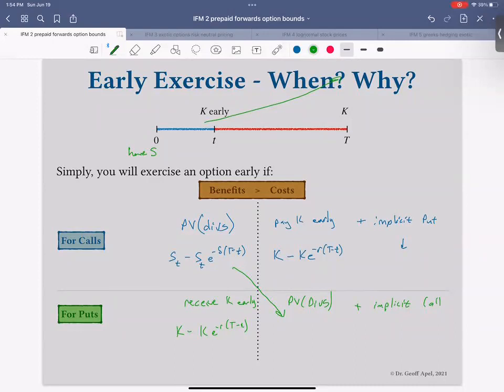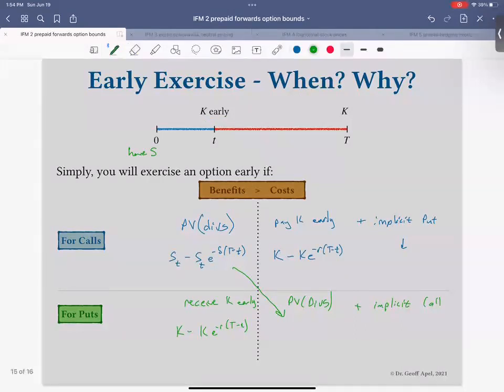So I lose this protection from being able to wait all the way till the end and seeing if I even want to sell it for K. So I lose this protection for a price increase. If the price goes up, that would have been good. If I exercise it early, I lose the ability to keep the stock. Okay, so that's what they mean by this implicit call at the end.